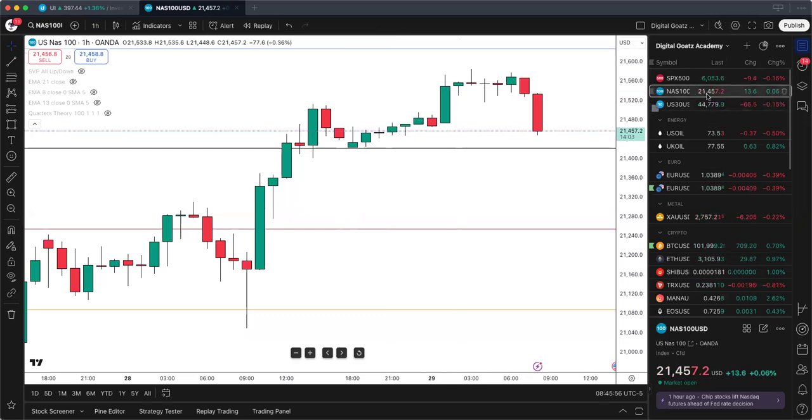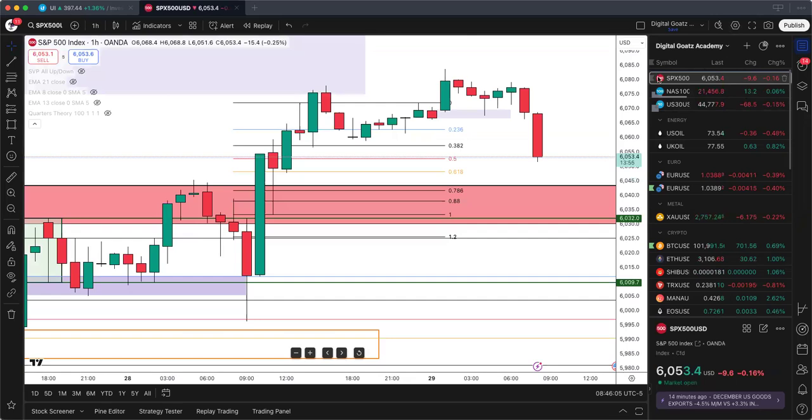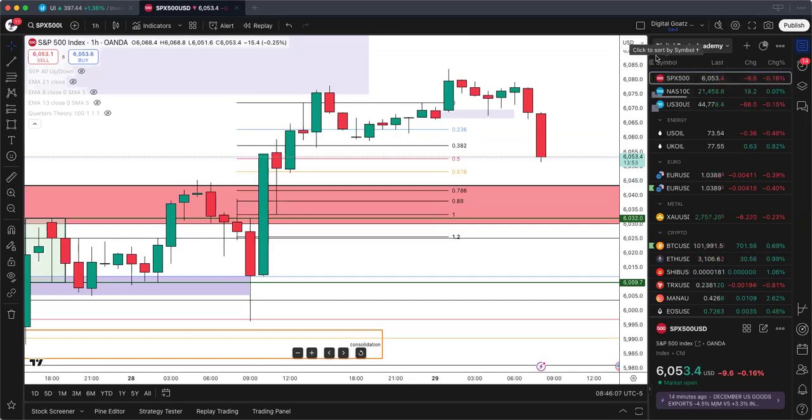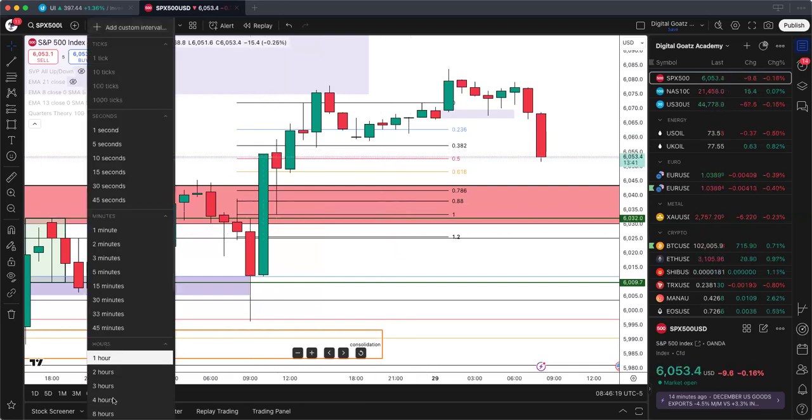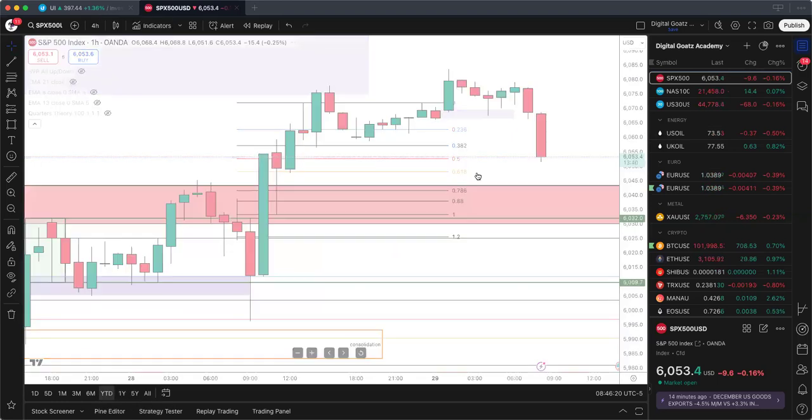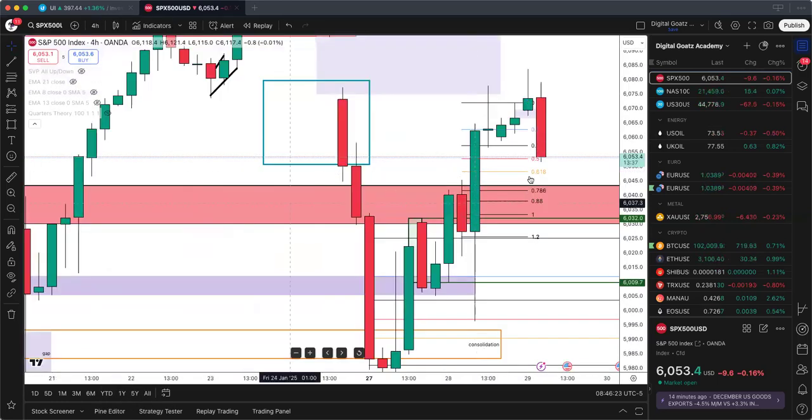This thing is still positive, and that's the one thing that I like to see. Come 9 o'clock, we should see US 30 and the NASDAQ start to want to make its turnaround. So even here, you see it broke out of a previous doji. It's back to return there, so that definitely makes sense. And again, keep scaling out, just keep scaling out to see what the imagery of the market is showing you.